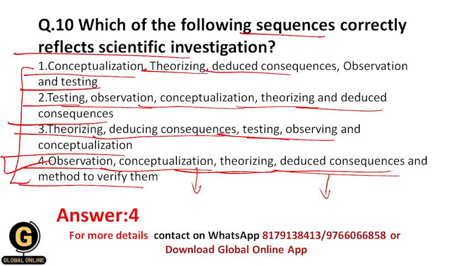So this is nothing but deduced consequences, and after that there is a method to verify them. For the verification, we basically test the hypothesis through different statistical techniques. Okay, so this is the sequence of scientific investigation, and the correct answer is 4.